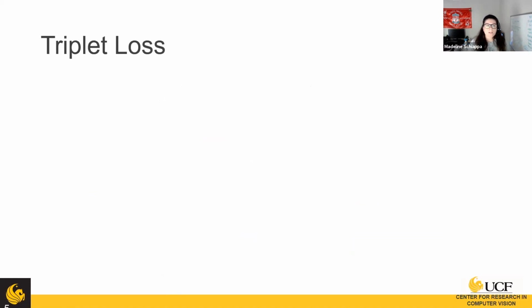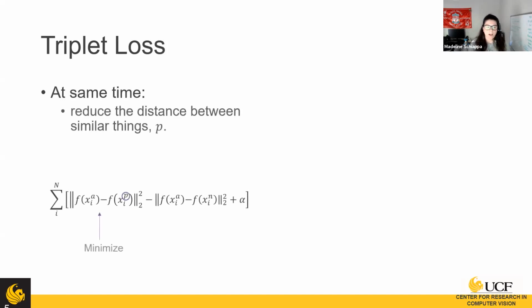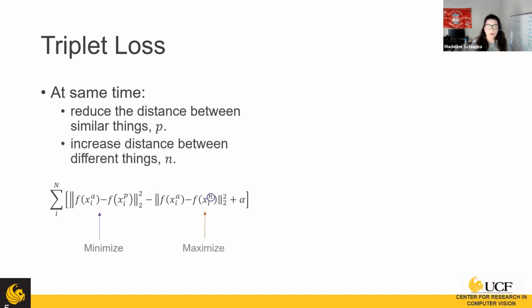I'm also going to discuss a triplet loss function because that's commonly used in the works that inspired these authors and in the author's proposed method. So what a triplet loss is: at the same time we're trying to reduce the distance between similar things. So this would be an anchor and a positive sample, denoted as P. And we also want to maximize the distance between different things, denoted as N for a negative sample.